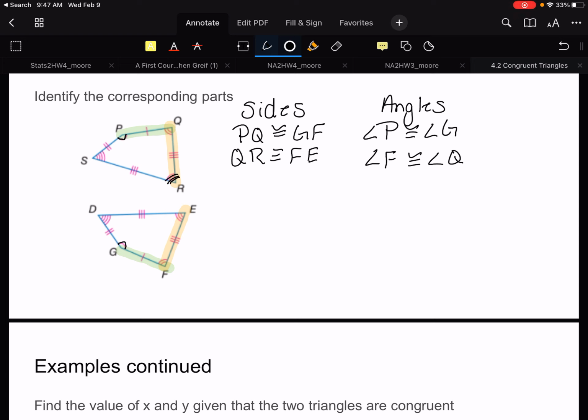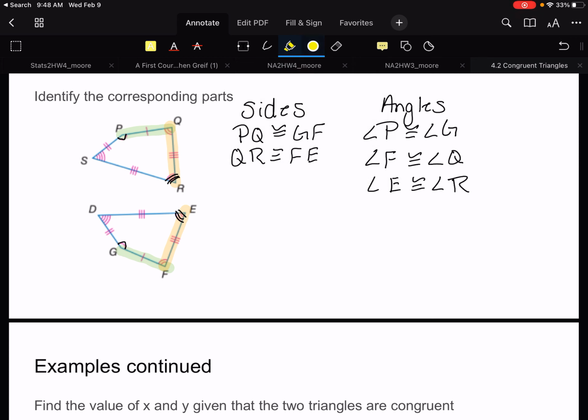They both have 3 arcs. I personally won't be super picky about how you write these, and if you switch this around and say QR is congruent to EF, it still is technically congruent. However, they're going to be picky on the state test, so that's why I'm going over it like I am.